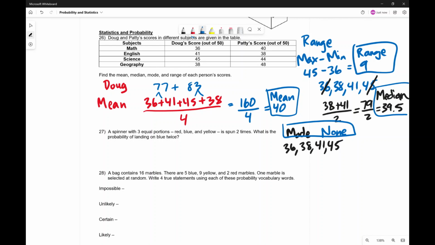So for Patty, we will start with the mean, and let's use red. So 40 plus 38 plus 44, then add 48, and then we'll divide it by 4. 40 and 38 make 78, and 44 and 48 make 92. 78 plus 92 will give us 170.